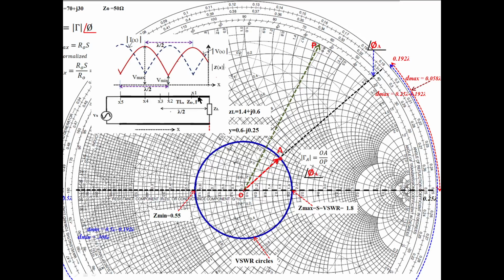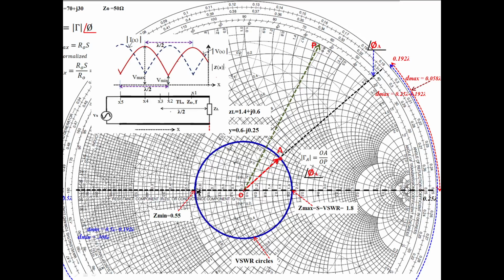As we move like this, the maximum appears here, the maximum impedance. What is that maximum impedance value? Read what the impedance is here, and the distance of that maxima from the load, which you read from the wavelength scale. Similarly for the minima, move like this and stop here, wherever it intersects on the left side.